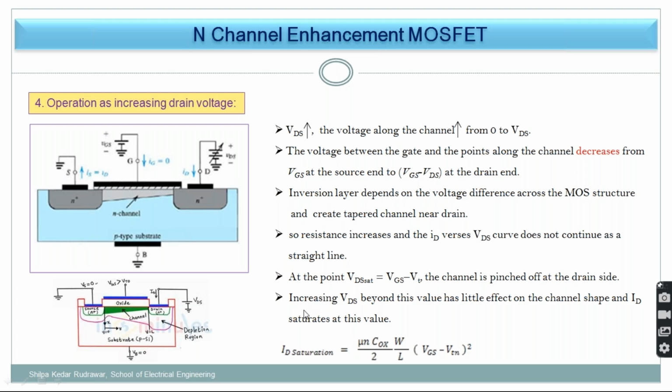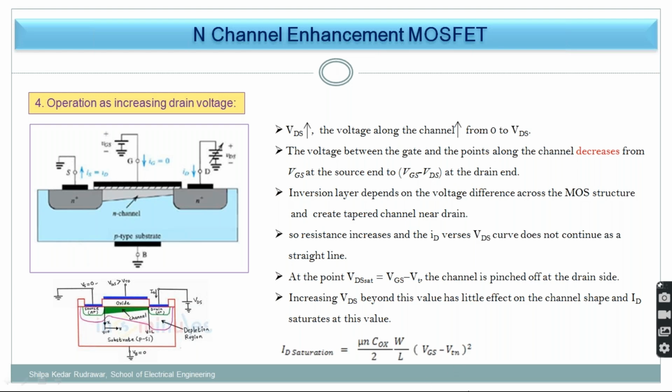Understood? So increasing VDS beyond a certain value has no effect on drain current. The channel vanishes and shifts toward the source, the resistance will be more, and that's why current will not increase.